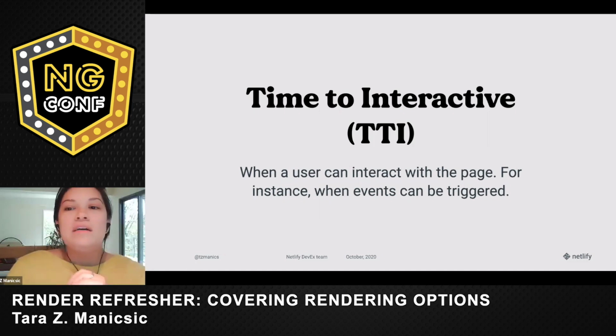I think we talk about this one a lot because, as we'll see with some of the other rendering approaches, having the user be able to see things is great, but if they see it and can't interact, it could be frustrating.